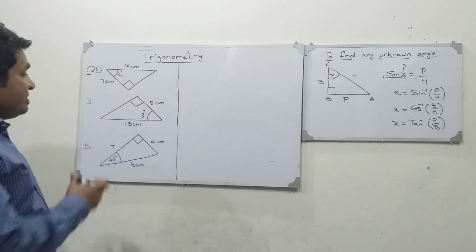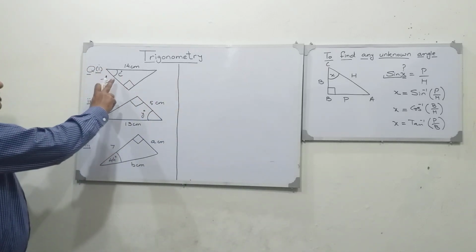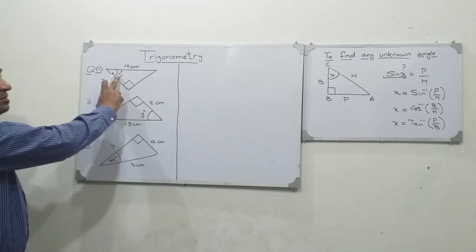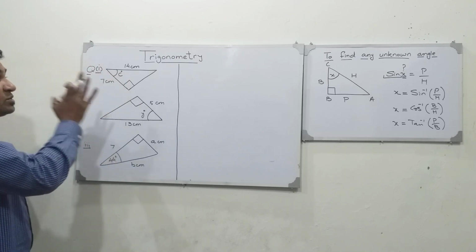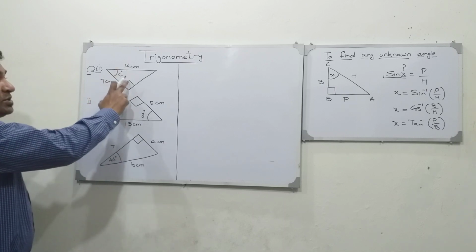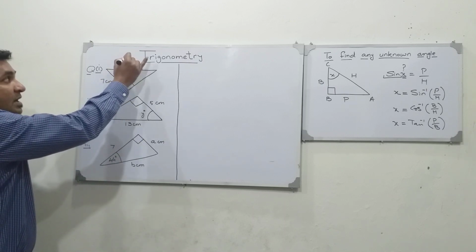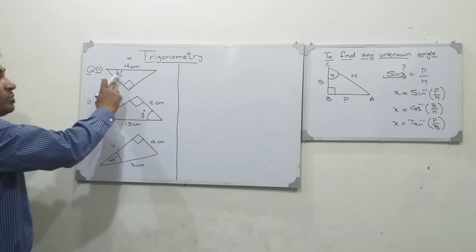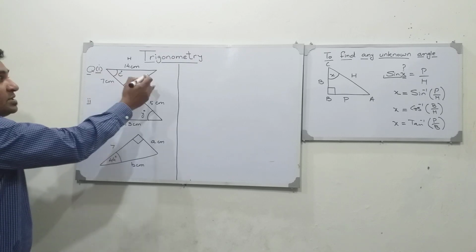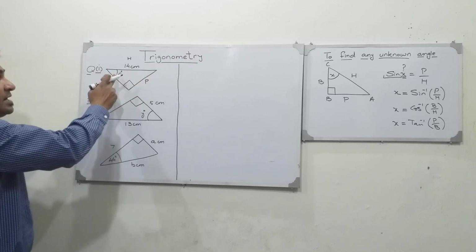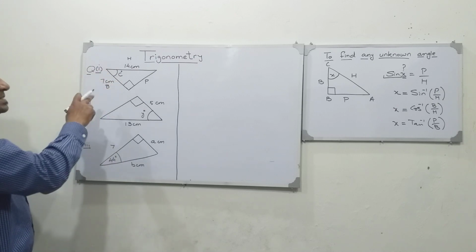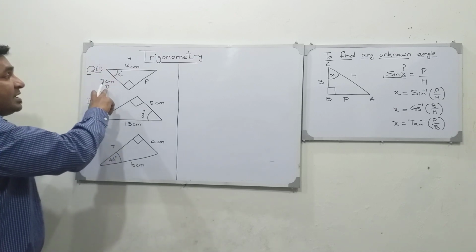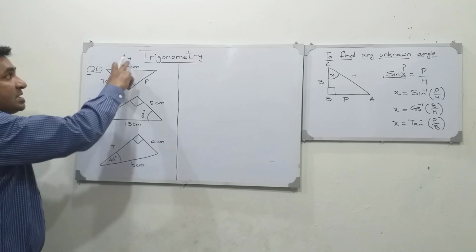Now look, I have made these three examples. Here we are supposed to find the value of C. You know that first of all you have to write the names of the sides. The side opposite to the 90 degree is called hypotenuse, the side opposite to the acute angle is called perpendicular, and the remaining side is called base. So in this triangle we are going to use base and hypotenuse.